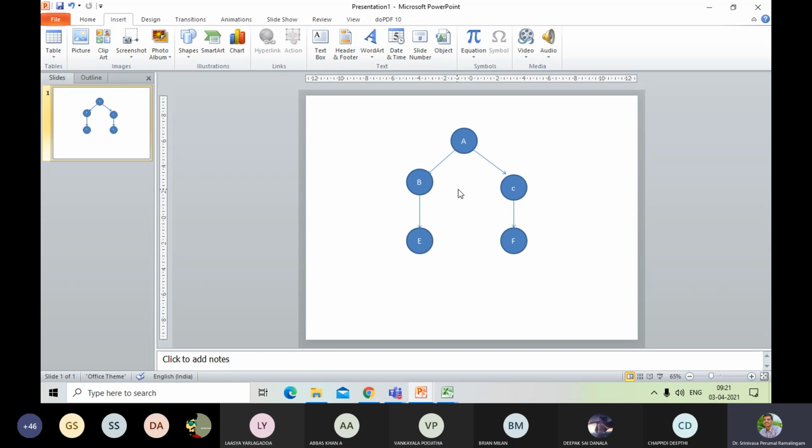Here if we are going for a depth first search or breadth first search, I hope you remember the depth first search concept. What will be the path? First A, next where will it check, B or C?